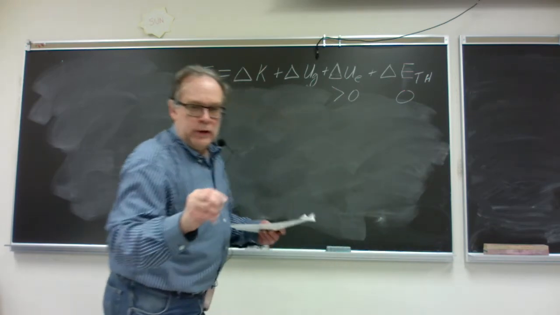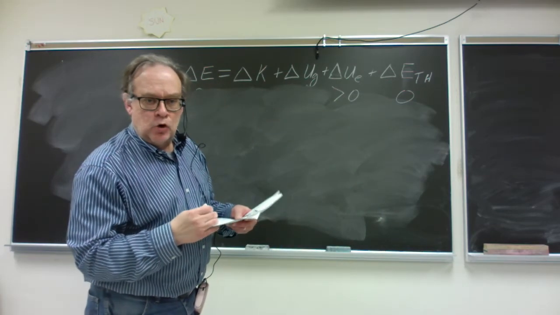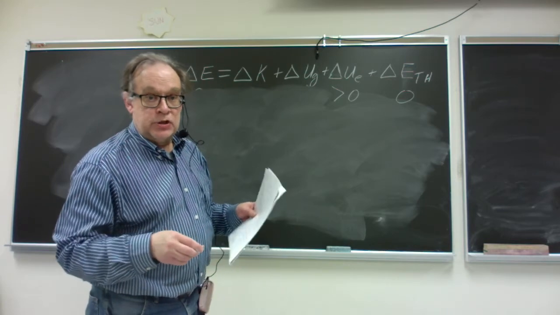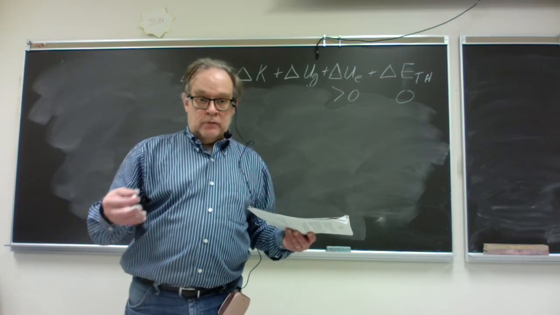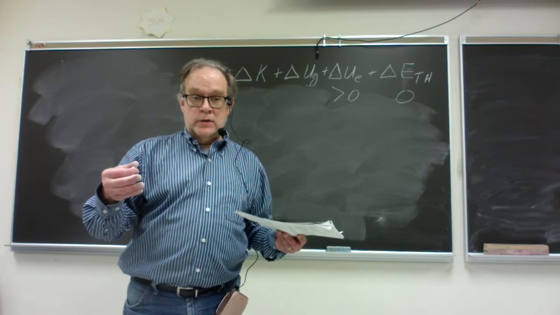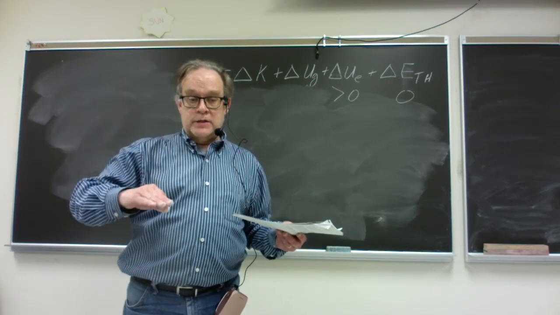One last thing that I want to mention. Go back to thinking about gravitational potential energy. I've mentioned a few times that you can define your coordinate system any way you like.